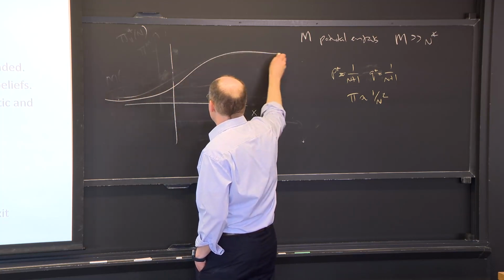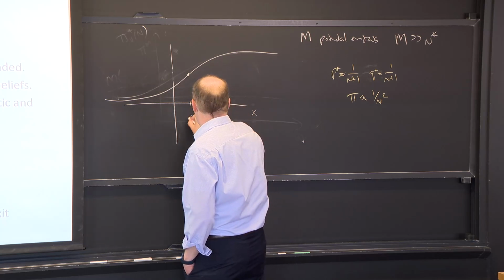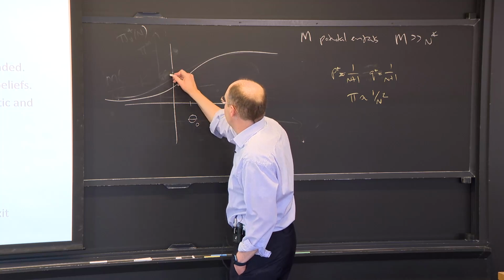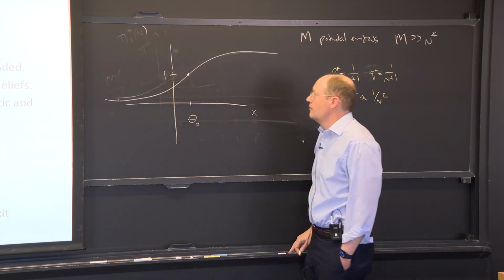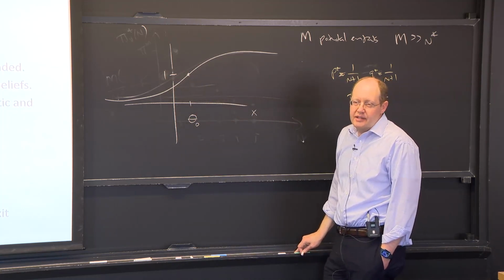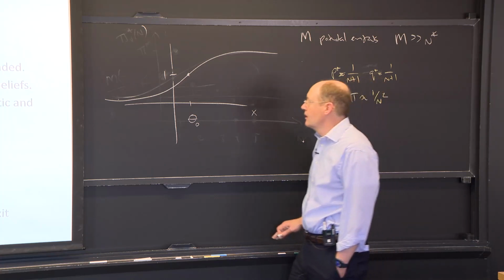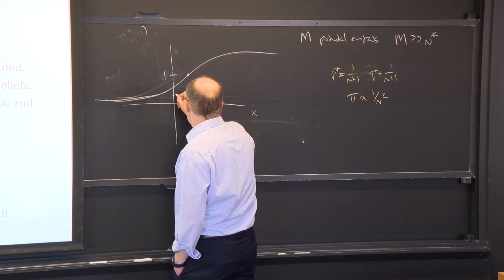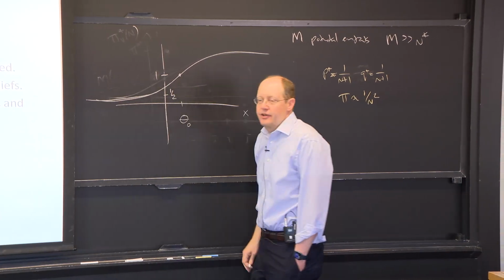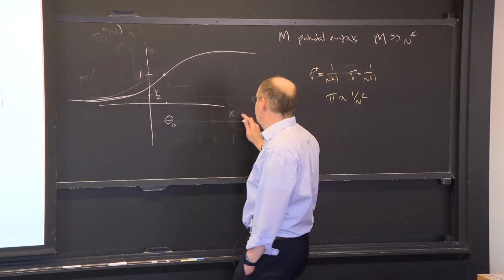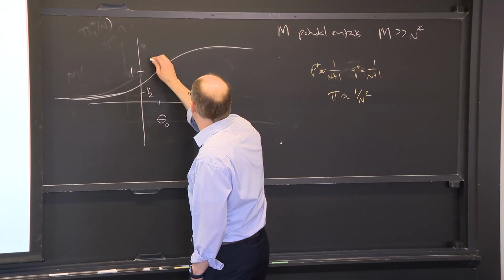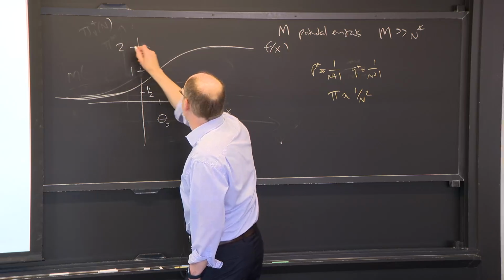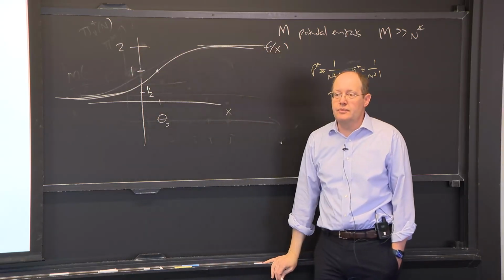There are extra parameters in this model that probably shouldn't be there, so let's call this theta 0. If my type is exactly theta 0, my cost is C of Q. If my theta is like negative infinity, then my cost is like 1/2 C of Q. And if my theta is like positive infinity, so I'm graphing f of x, maybe my cost is twice C of Q.